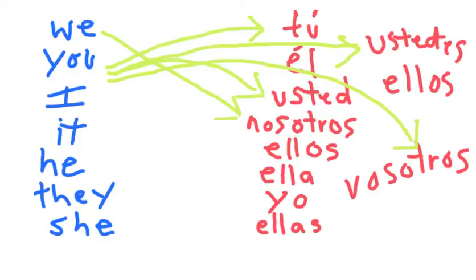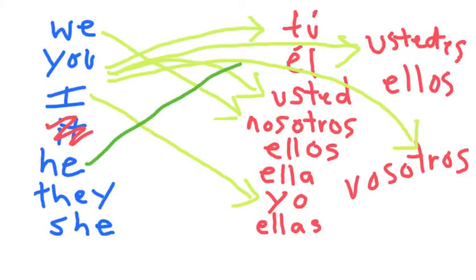Okay, and then we have I, which is yo. And it, well, you know there's no it in Spanish, so we'll just cross that one out, because everything is a he or a she in Spanish. And so let's see. He is él.